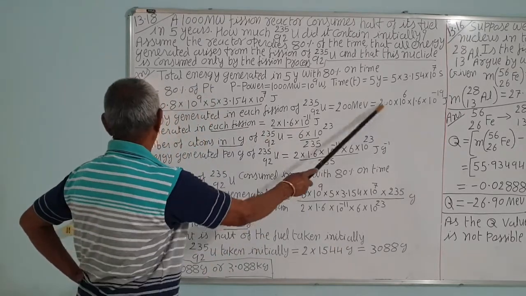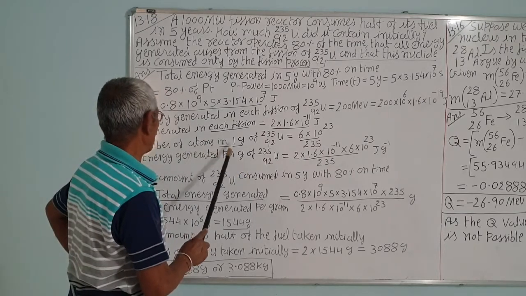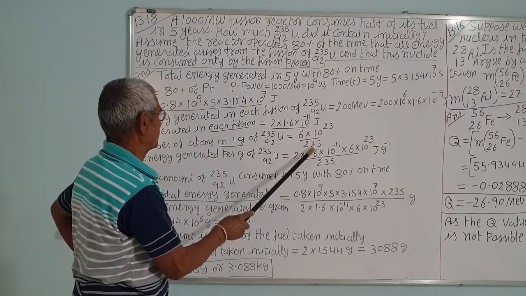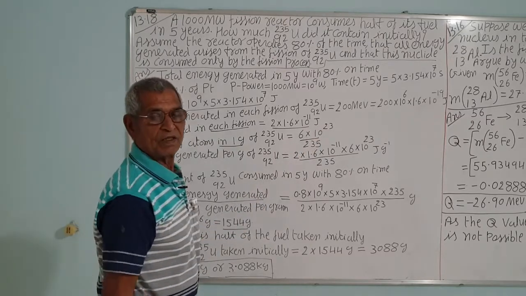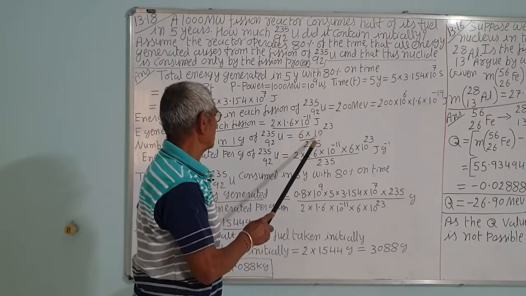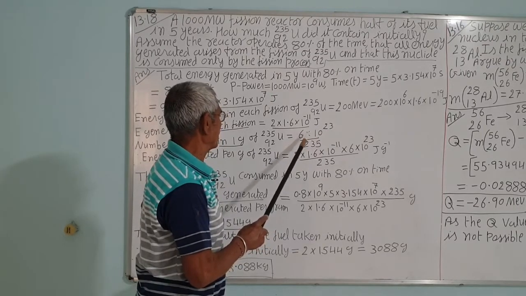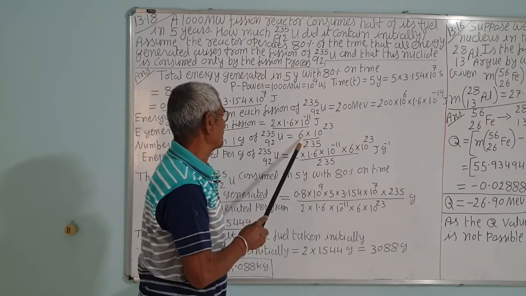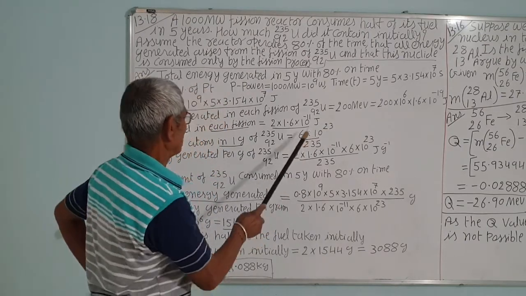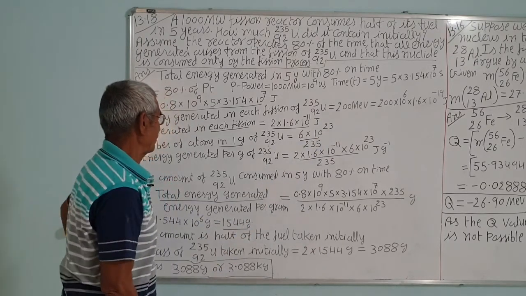Simplify this. Now calculate the number of atoms. Number of atoms in 1 gram is equal to 6 into 10^23 upon 235. You know that in 235 grams, the number of atoms is the Avogadro number, that is 6 into 10^23. If it is not given, if it is given 6, you take the 6, otherwise in some books it is given 6.023 into 10^23. This is in gram. If you take in kg, then it will be 26 power.